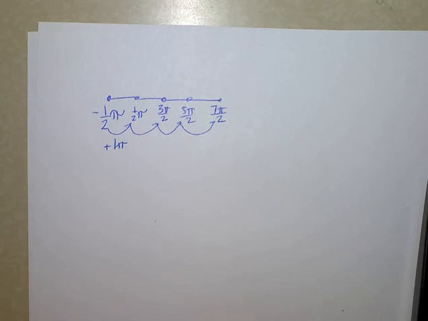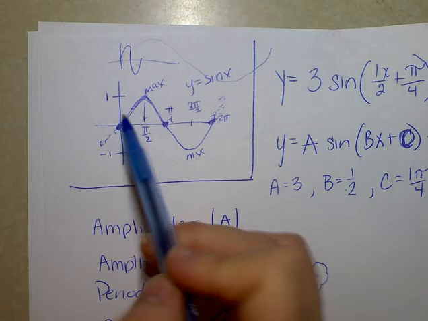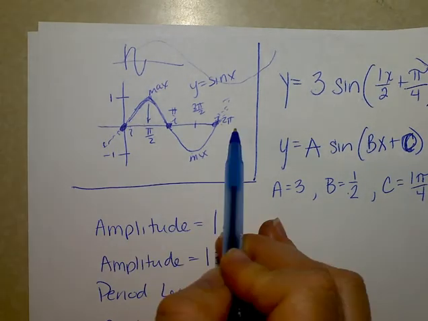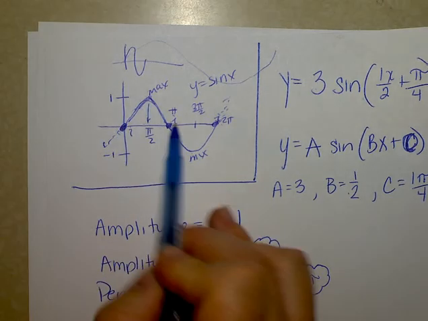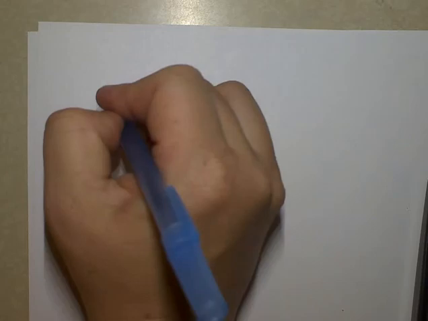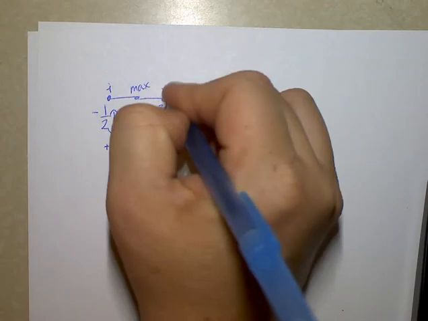Okay, you ready? I want you to go back to here one more time. Remember your steps. This is 0, starts as an intercept on the center line. So intercept, high, maximum, intercept, max, intercept, min, intercept. So over here, I'm just going to do that. Intercept, max, intercept, min, and intercept.